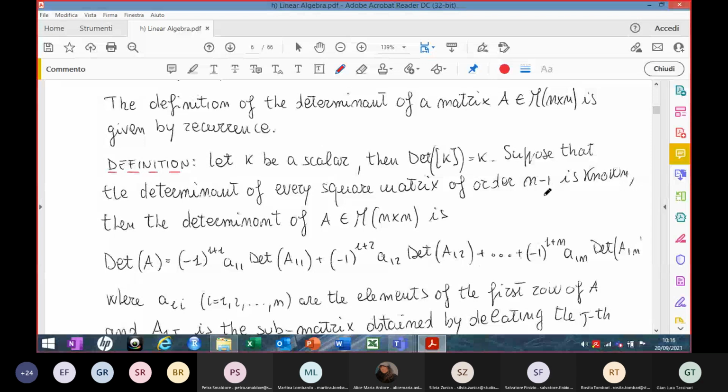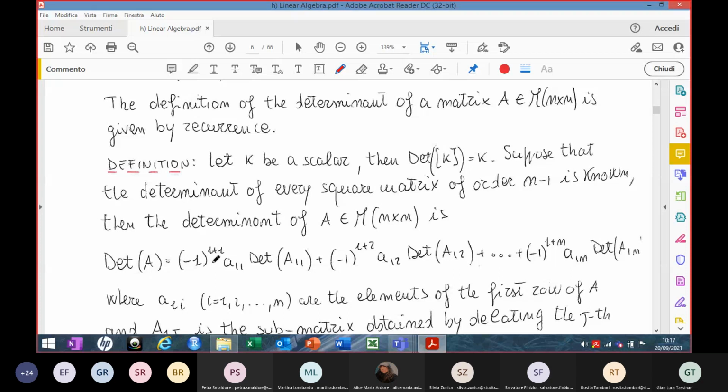Now I show you how to compute, following the definition, the determinant of a matrix of order n. I repeat, this is the definition. The determinant of a matrix A of order n is given by -1 to the power 1 plus 1 times A11. A11 is the element on the first row and the first column of A. And you have to pre-multiply it by -1 raised to what?